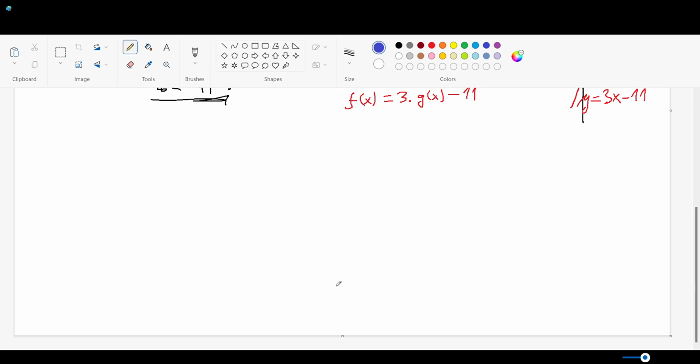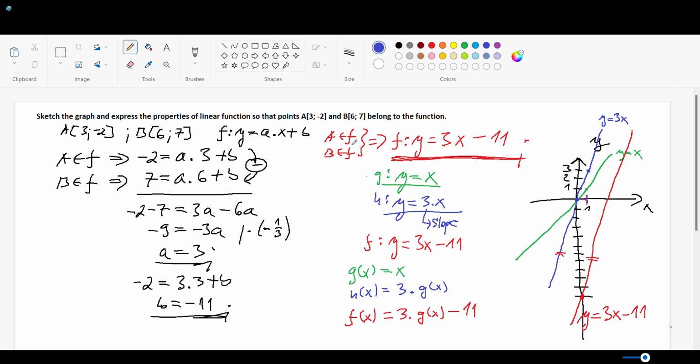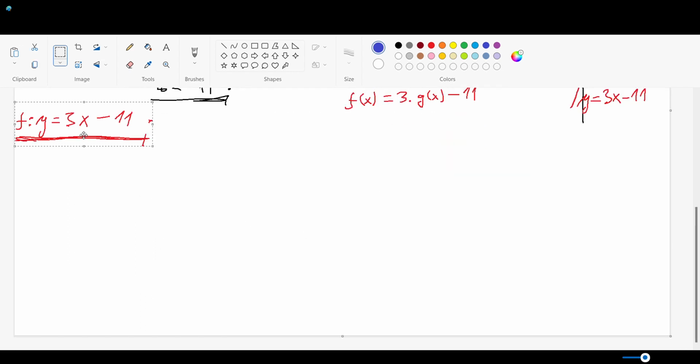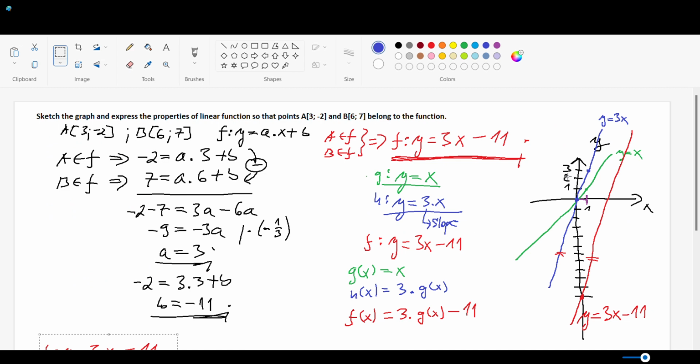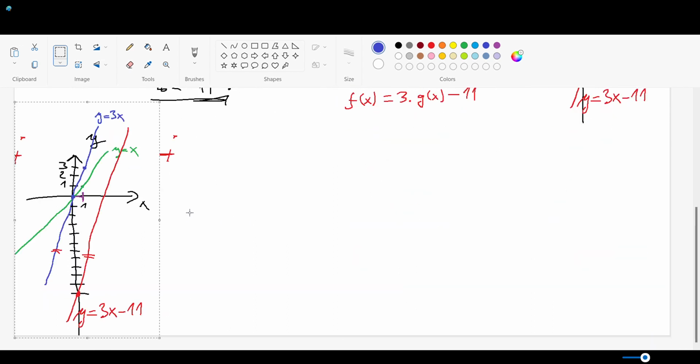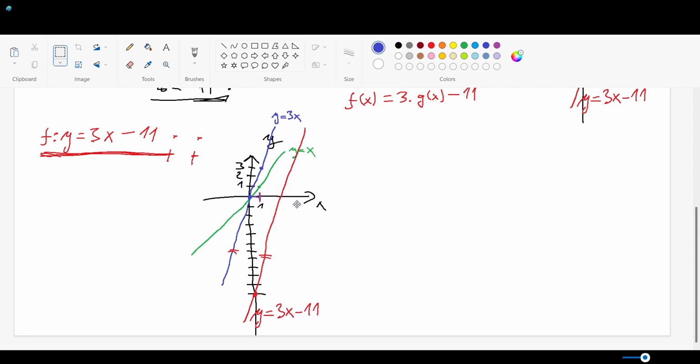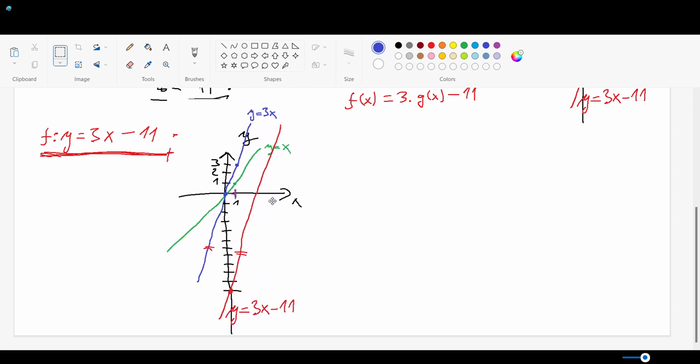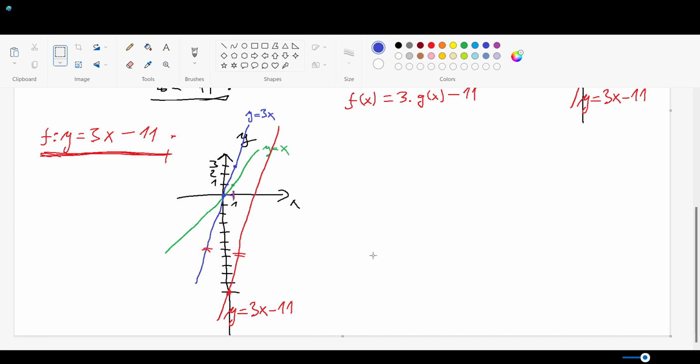Let me take my graph down here so that I have everything I need. Okay, it fits perfectly.